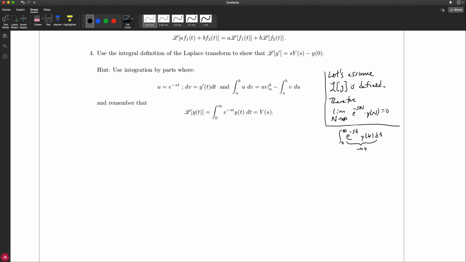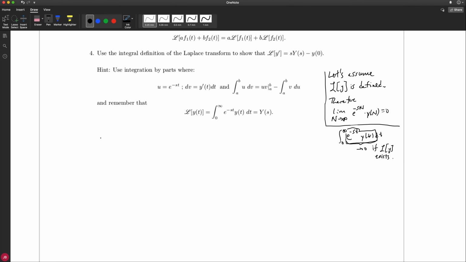Otherwise, you're going to have infinite area, and so the Laplace transform would not exist. And so I'm not saying that the whole integral goes to 0, just this inside part, what's called the integrand, right? That has to go to 0. Okay, and so that's just a restatement that we're seeing here, right? The integrand is essentially going to 0.